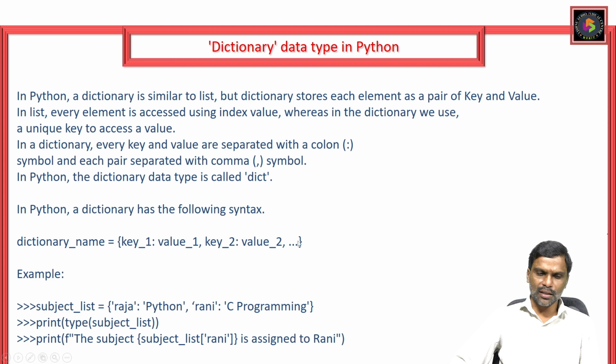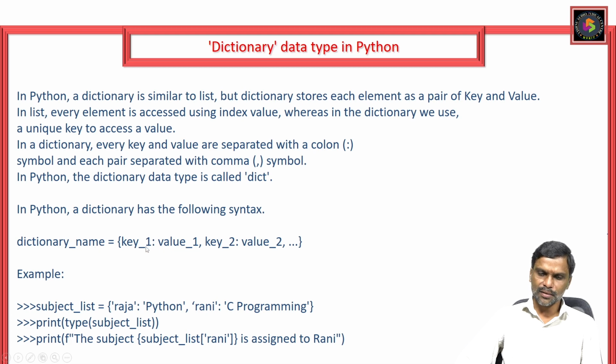Dictionary, you can use some name, and the dict keyword to understand the dictionary. Dictionary name or some dict, simply you can take key 1 and value 1, then key 2 and value 2, and so on, and these are separated by commas. But you should remember that key and value should be separated with a colon.